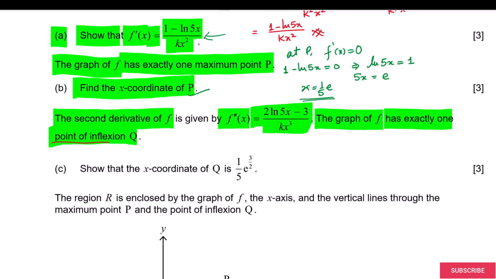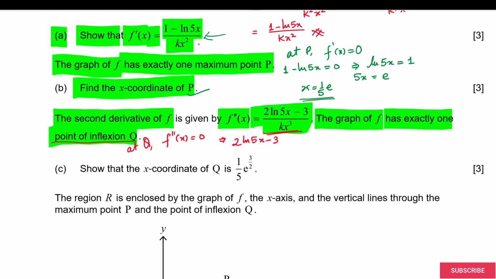For a point of inflection, f double dash x has to be 0. So we can write at Q, f double dash x equals 0, means this thing equals 0. If this is 0, it means the numerator is of course 0. So 2 times ln 5x minus 3.